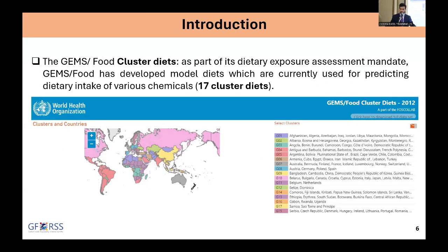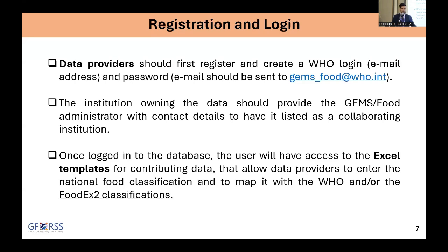You send the email to the address you see here, gems_food@who.int. The institution owning the data should provide the GEMS food administrator with contact details to have it listed as a collaborating institution. Once logged in to the database, the user will have access to the famous Excel template that you can use to organize and fill in your data, and submit the data to the GEMS food database.